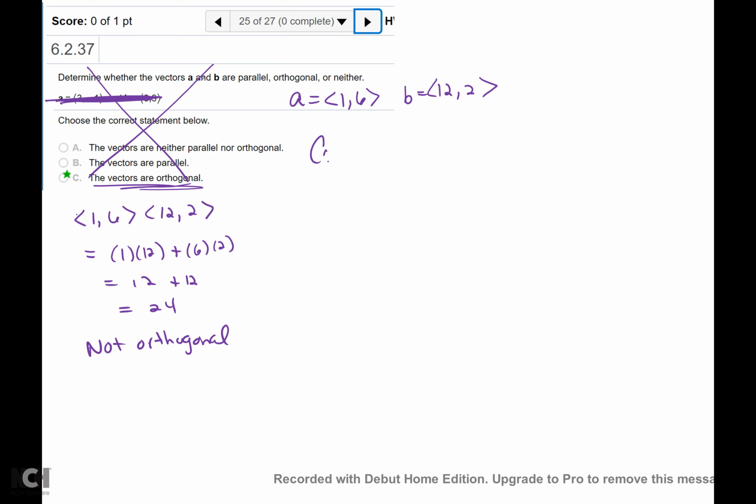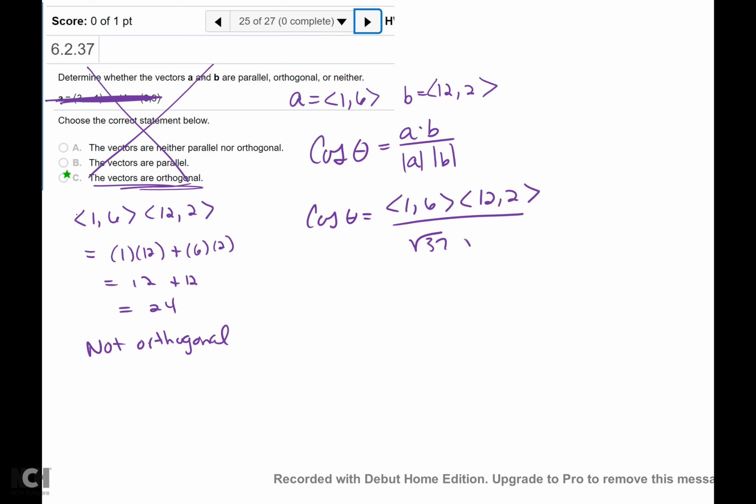So we use our handy dandy angle between two vectors. It's going to be a times b over the magnitude of a times the magnitude of b. So I'm going to have cosine theta equals 1, 6, 12, 2 over the square root of 37 times the square root of 148. That gives me cosine theta equals 1 times 12 plus 6 times 2 over the square root of 5476.